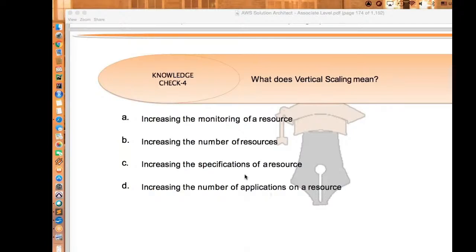My answer is between B and C. I don't understand the number of resources. I will have a problem with B because you said the number of resources, and C said increasing the specification of a resource. I will go with C, because you said the same resource, but B is my best answer.